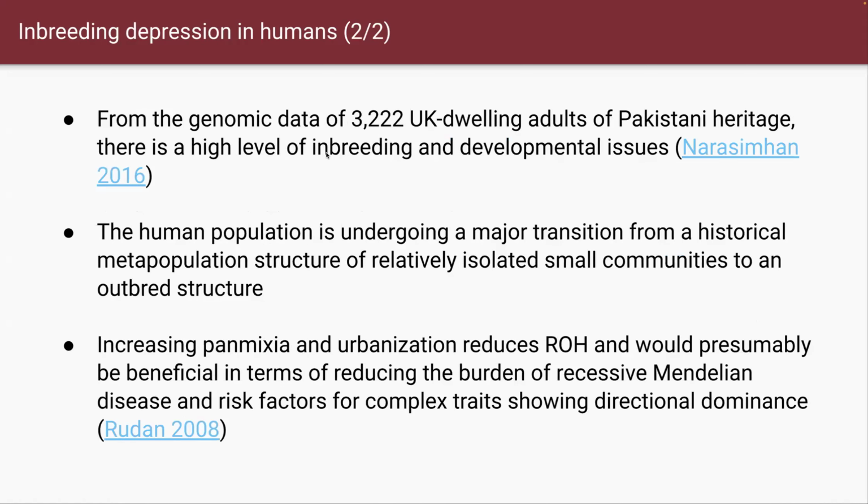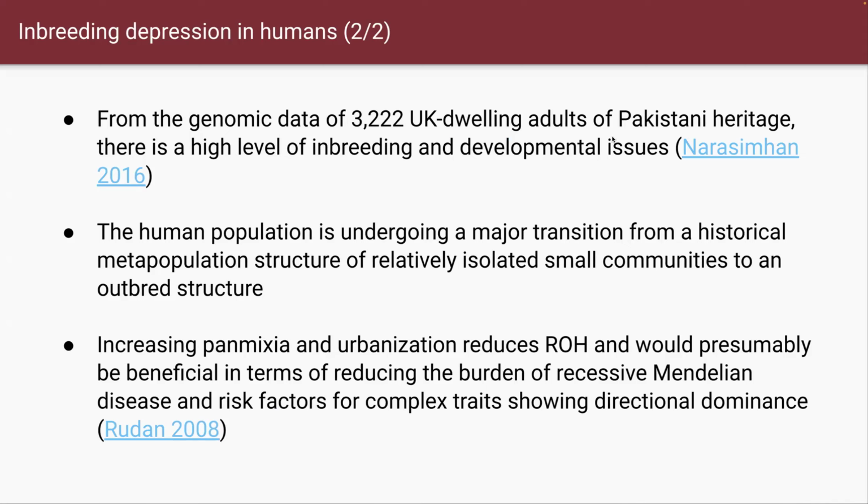And there is a very interesting study from the UK Biobank, looking at UK Biobank residents of Pakistani heritage, right? These are immigrants in British society, and this immigrant group has a really distinct social and cultural community in England. I think this is from Bradford, an area with a really huge community of Pakistani immigrants.